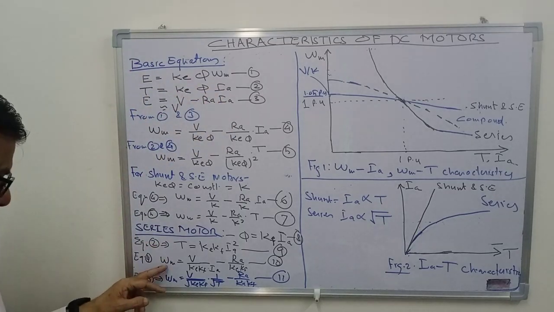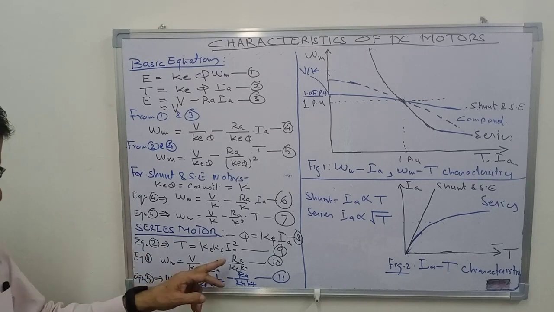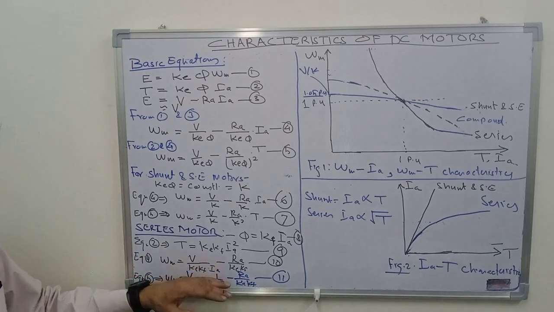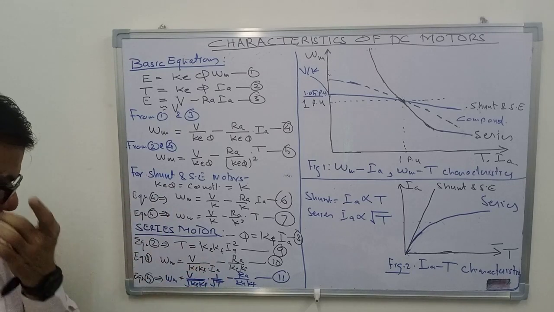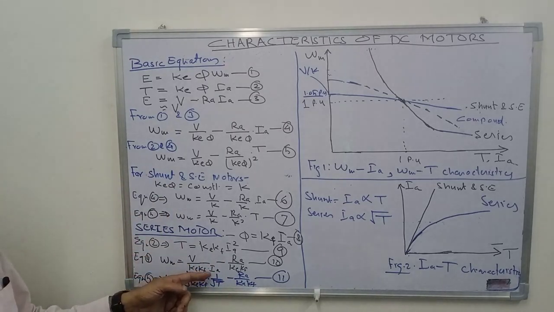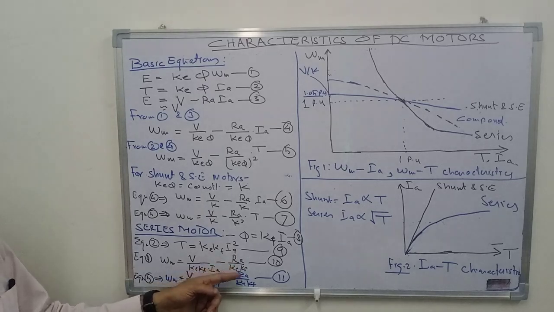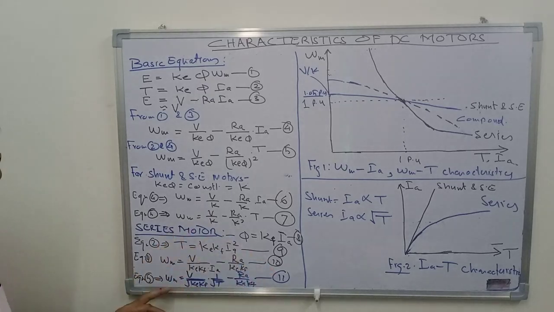And the speed equations in terms of current and torque can also be written from these equations. So they are shown here: omega m equal to V upon Ke Kf Ia minus Ra upon Ke Kf, equation 10, and speed omega m equal to V upon square root of Ke Kf into 1 upon square root of torque minus Ra upon Ke Kf, equation number 11.